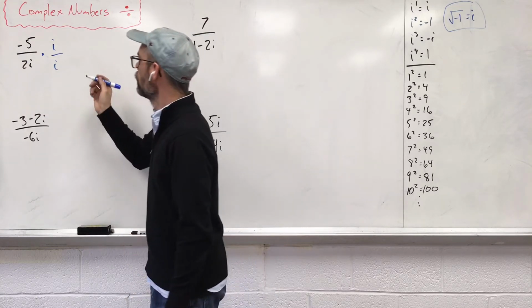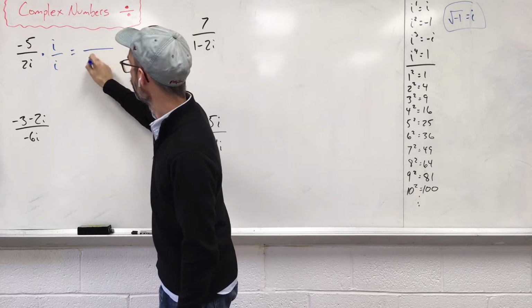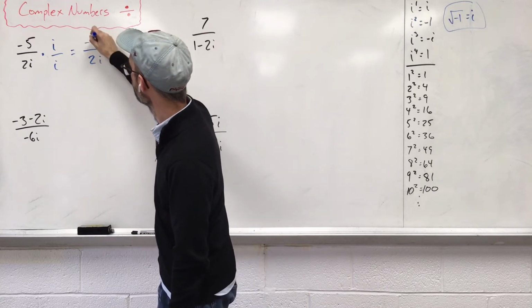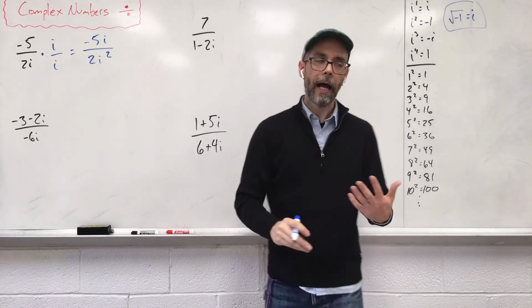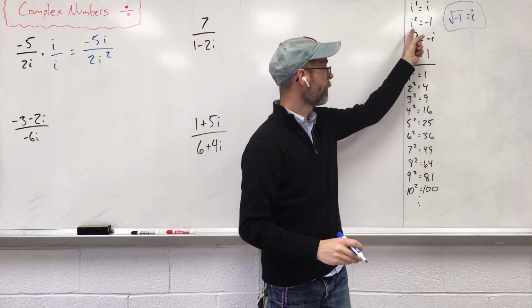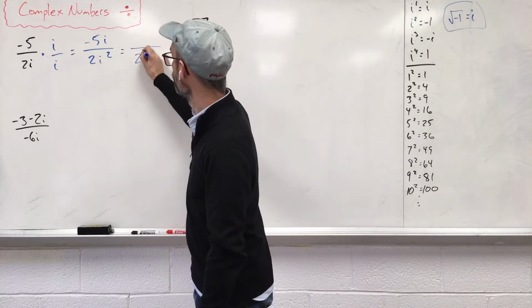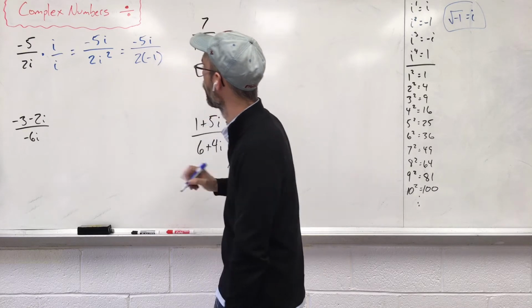So let's multiply through. If I do this, I'm going to get 2i squared on the bottom. And up top, I'm going to get -5i. So i squared, I don't like, but i squared simplifies down to a -1. So I can rewrite and say 2 times -1 over -5i.